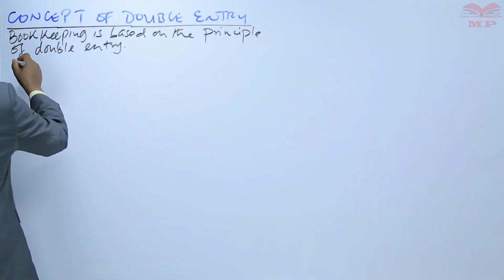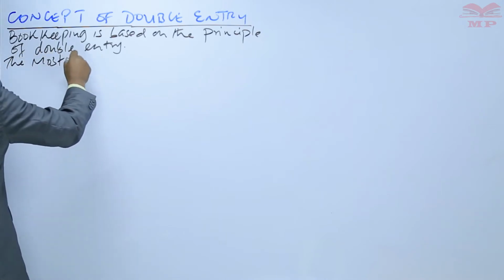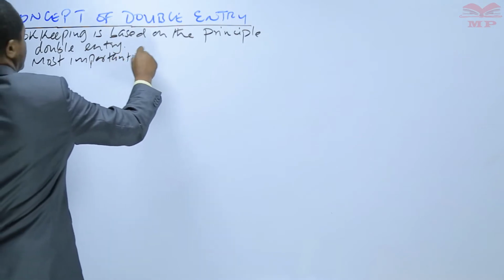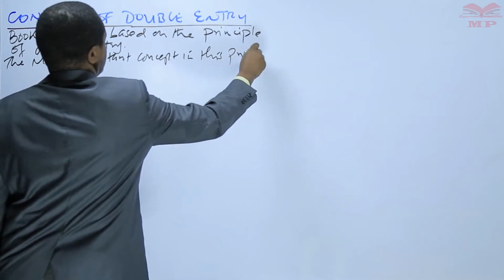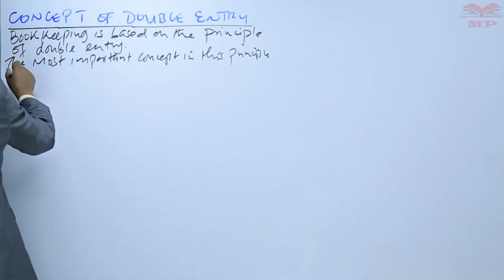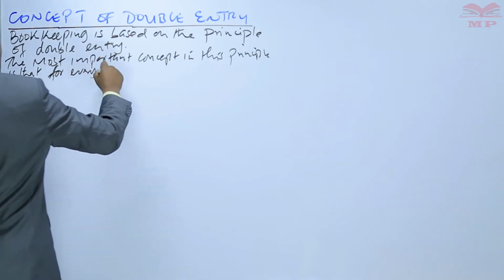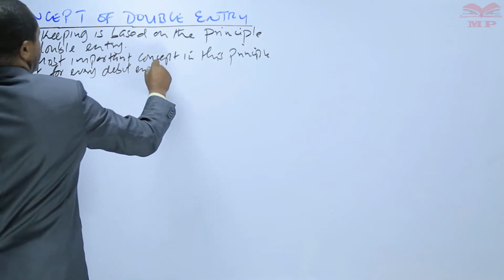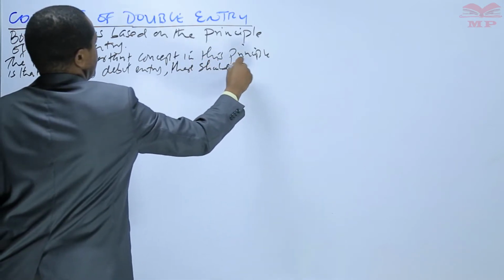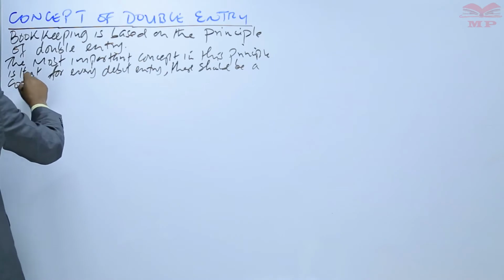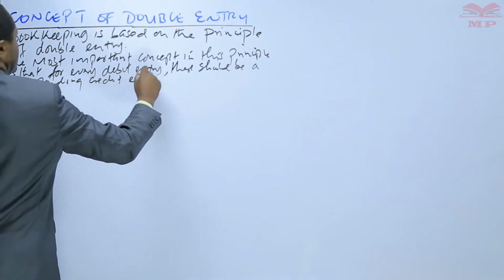For every debit entry there should be a corresponding credit entry.